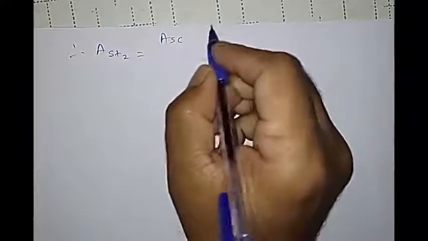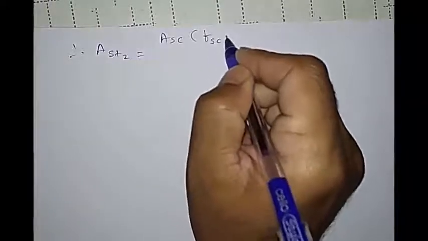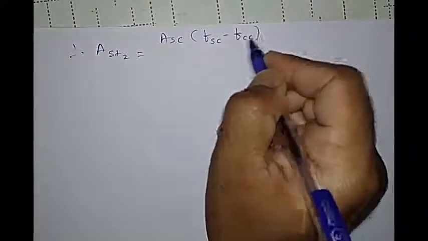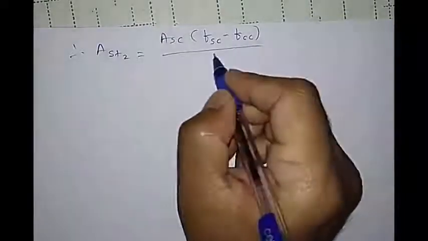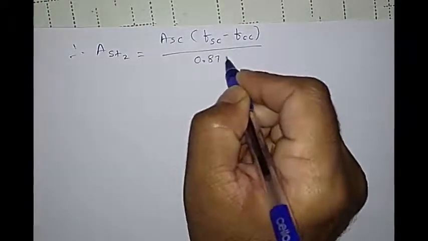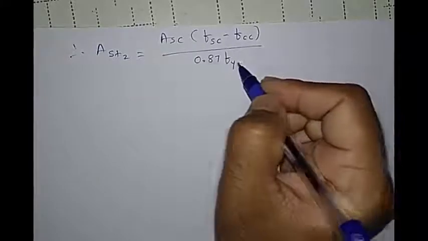So therefore now AST2 is equals to ASC into FSC minus FCC divided by 0.87 FY.